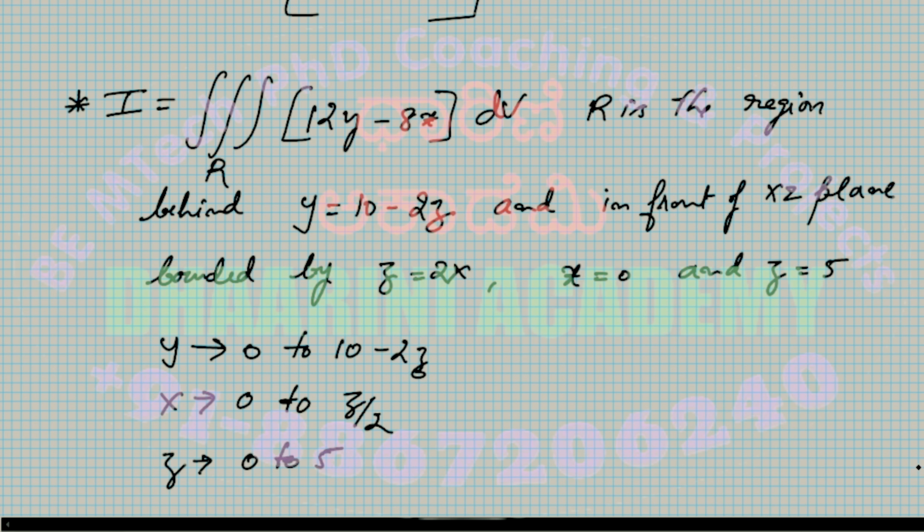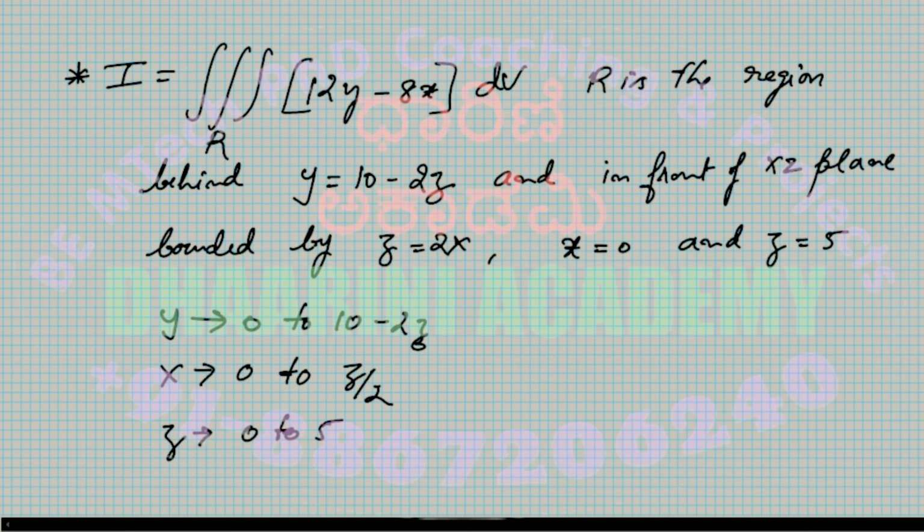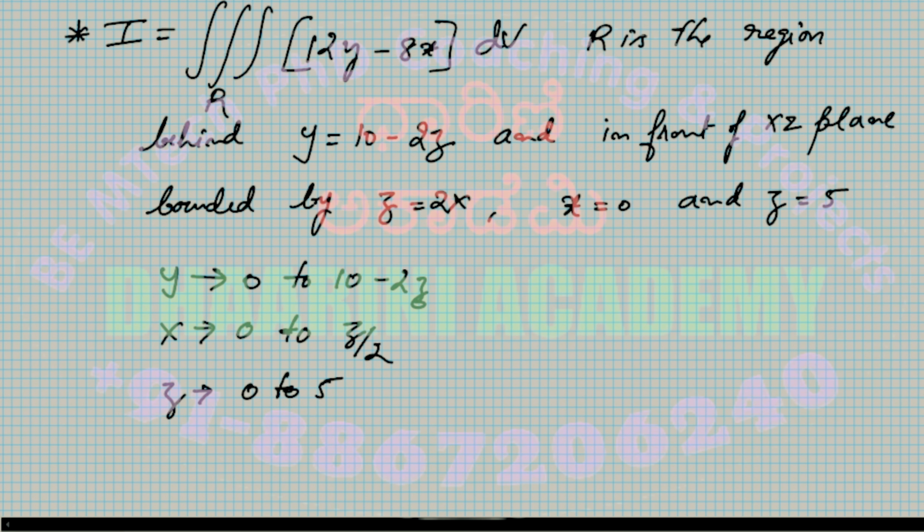You don't have to draw anything. That's why the data is given, just to give you more clarity. The only thing that is important is how you do the integration, in what order. Behind means y's maximum possible value is this one, 10 minus 2z.